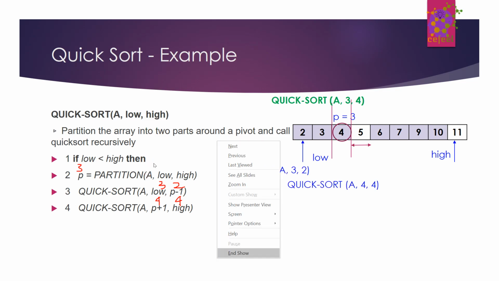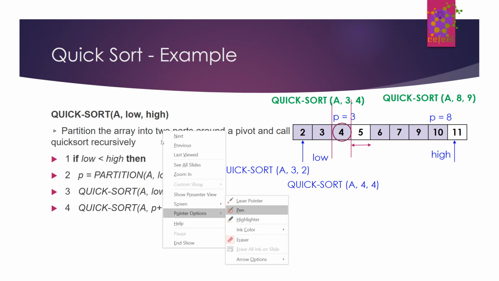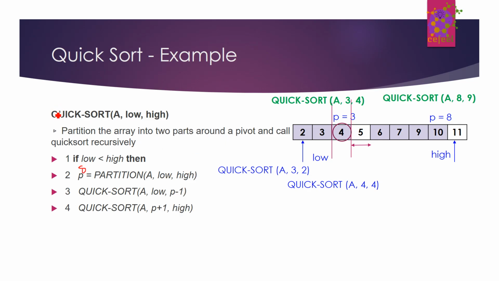Now similarly, on the right side, quicksort A89 called partition A89, which has returned p equals 8. So let me write 8 here, and this will result in two calls. The first one is A87, 8 and then 7, and the next one is 9, and then high is 9.